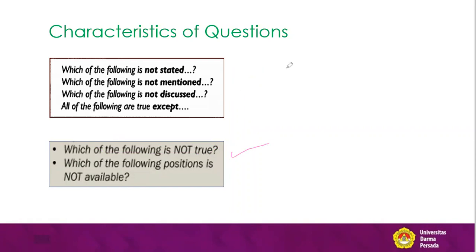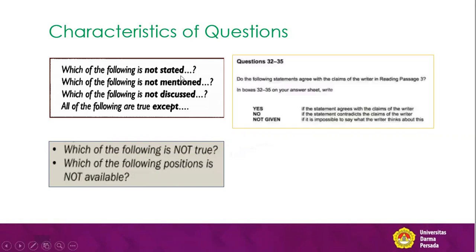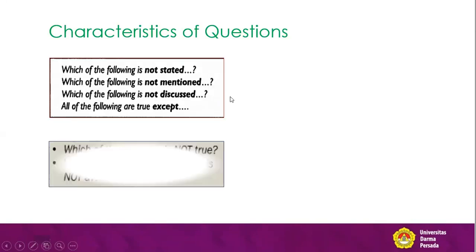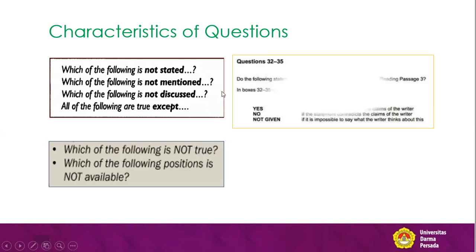Okay. What about IELTS? If you want to know, this is the example of the question in the IELTS version. As you can see, you find that we have this one, not given.